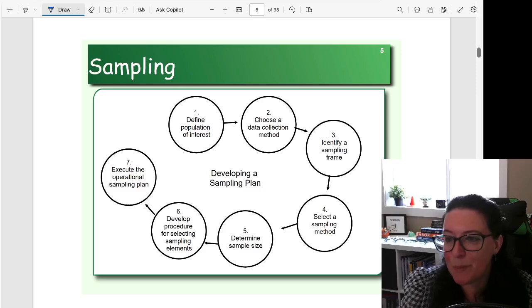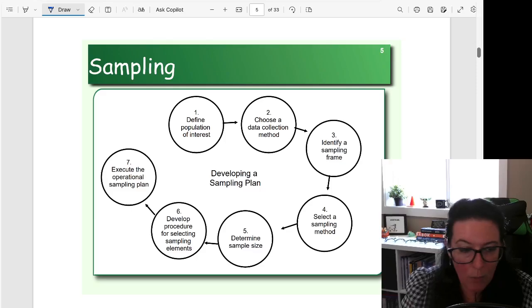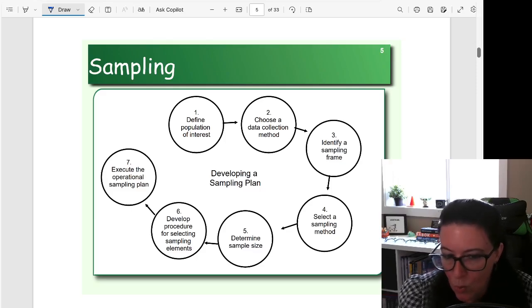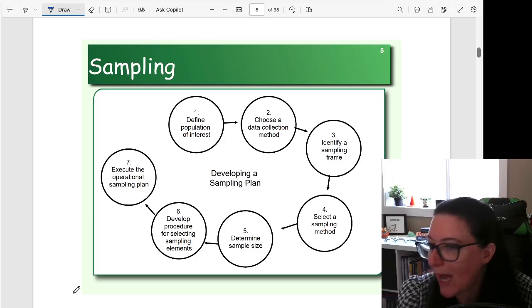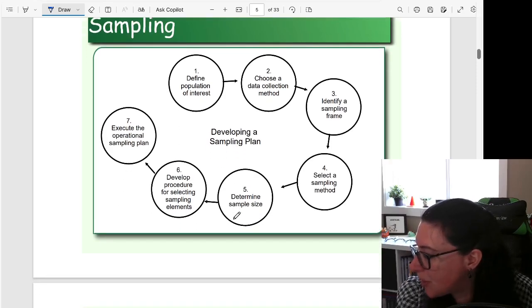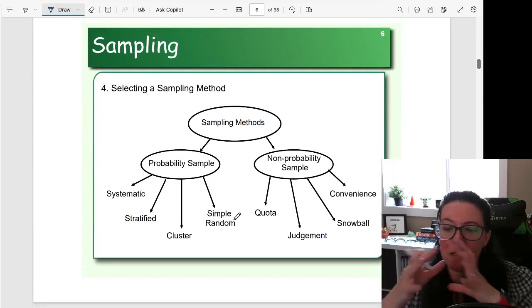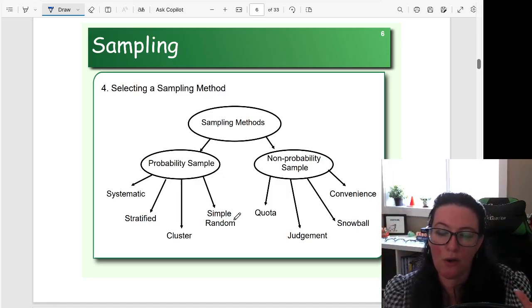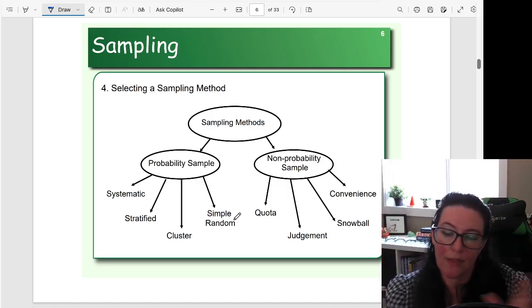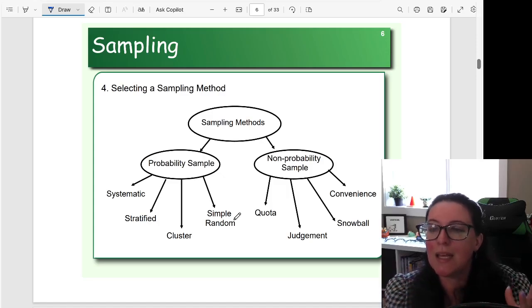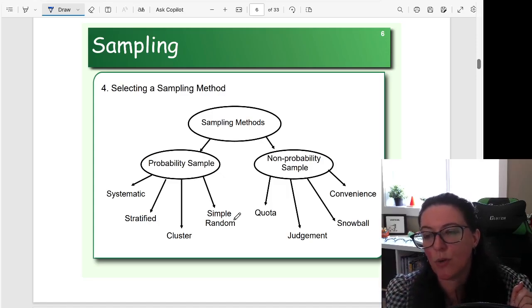So then the next piece is going to be the sampling method. And with the sampling method, we need to decide how we're going to pull information from that sampling frame. So if you have a list of all of your customers and their contact information, then how do you decide which ones you're going to contact?